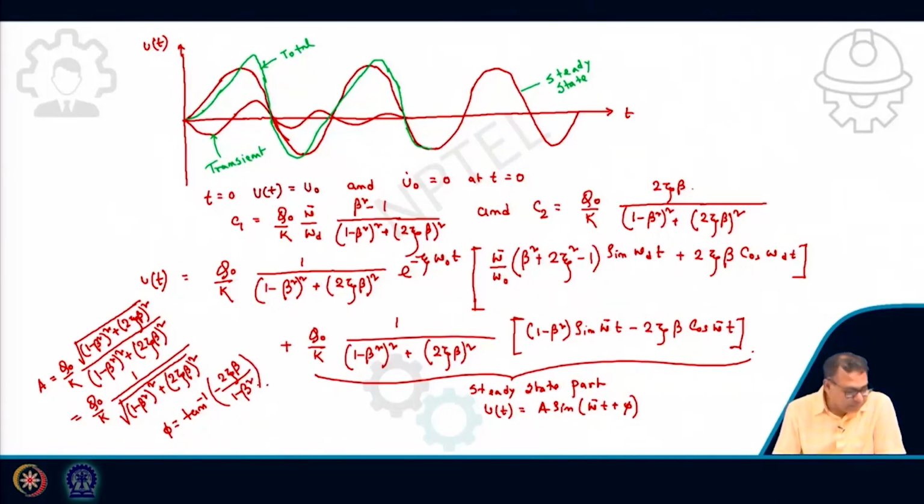Similarly, here also I can write Q0 by K is equal to u static.